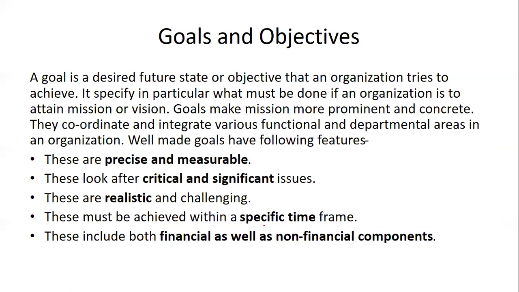The features of goals: they can be precise and measurable. They look critical and significant. They are realistic. They should be achieved within a specific time, and they include both financial as well as non-financial components, which are important in order to achieve the goal and objective of an organization.